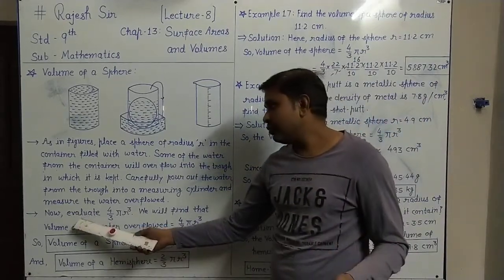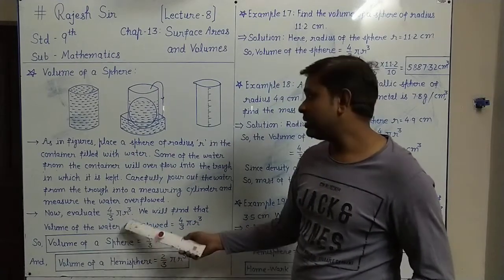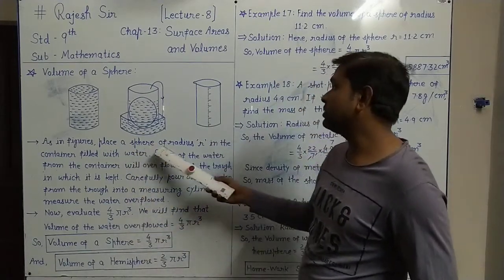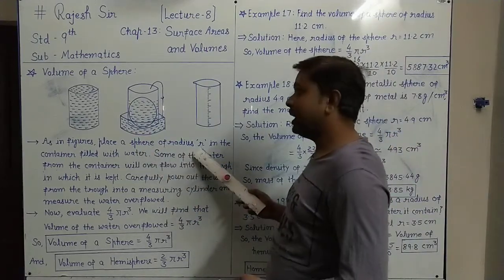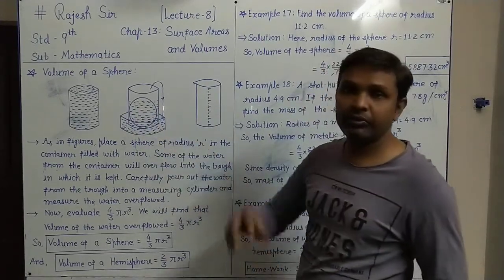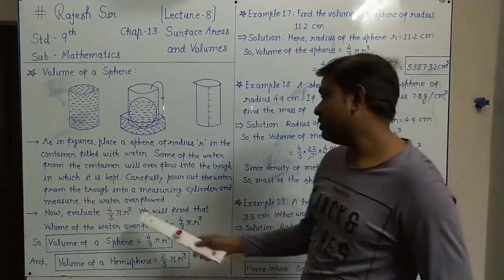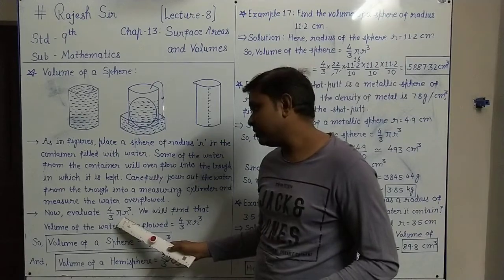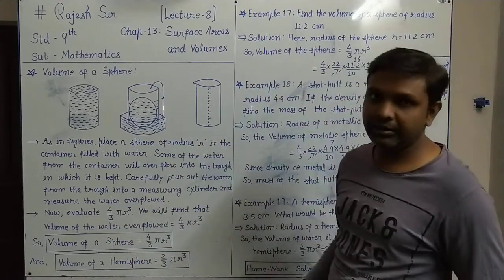Now next, what to do? Evaluate 4 upon 3 pi r cube. What is this r? This r is actually the radius of the sphere, the sphere which we have placed in the water. We have to evaluate this value, and the measurement we have done in the activity.